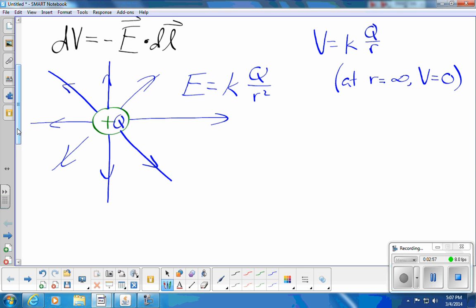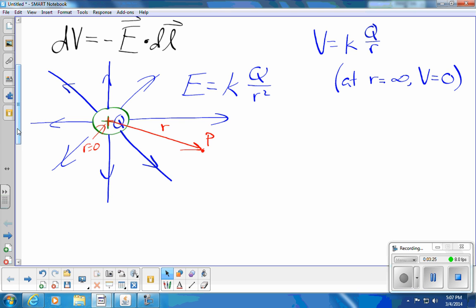If I'm at point P, I'm going to label a point P here, and I'm interested in the electric field at that point. Well, the distance R is measured from the center of the point charge to that point P. That is your distance R measured from the origin of your polar coordinate system, which is where R is equal to 0. So here is the origin where R is equal to 0.